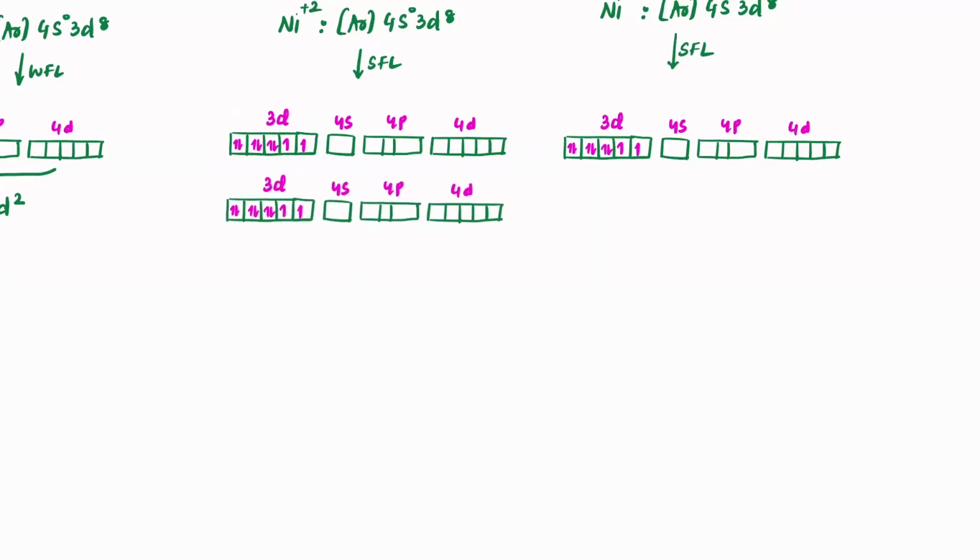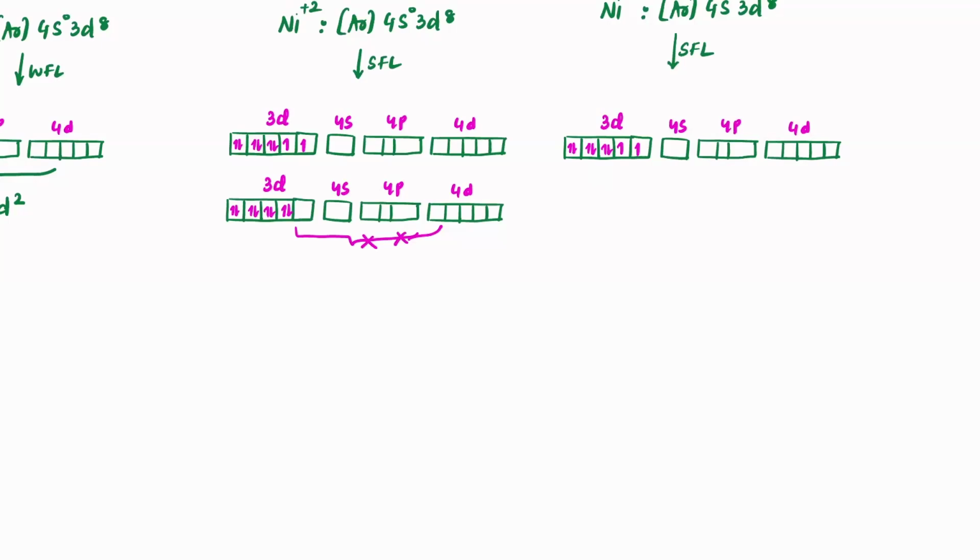On pairing it, I would get one d orbital open like this. But that is not enough, because one inner d and one outer d is not how we make a hybridization. It always has to be either two inner d or two outer d orbitals. Got it?